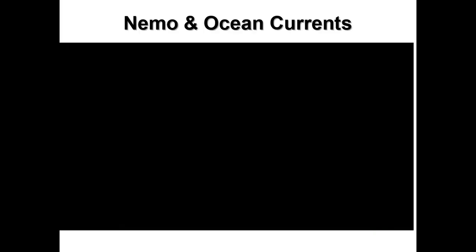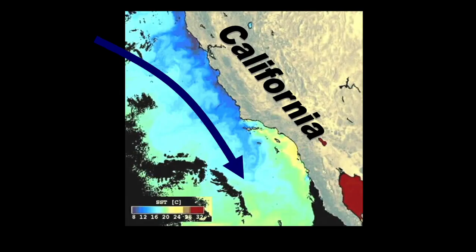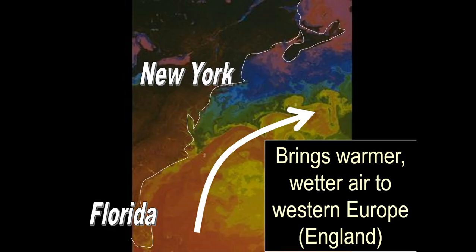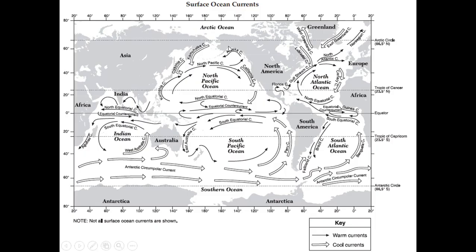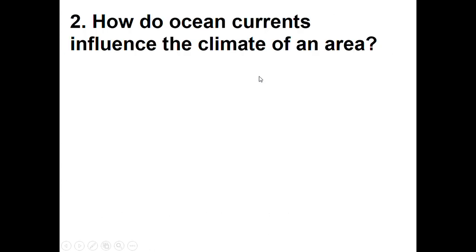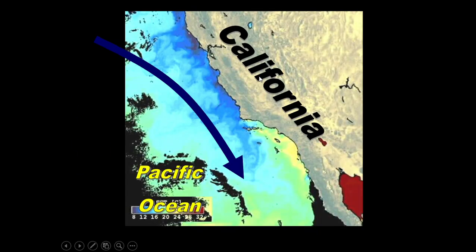If you look at this diagram right here, you will see that the California current brings cold water from up north down here. So if you were to go in the water over near San Francisco, the water is going to tend to be a little colder than it would be at the same latitude on the east coast, because the cold water makes the water colder. Pretty straightforward.